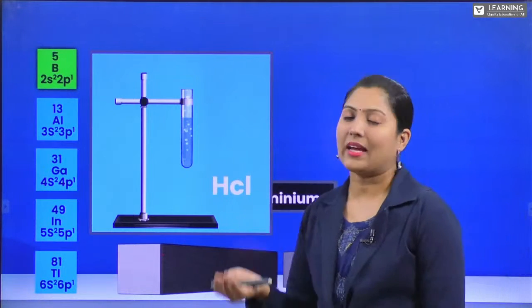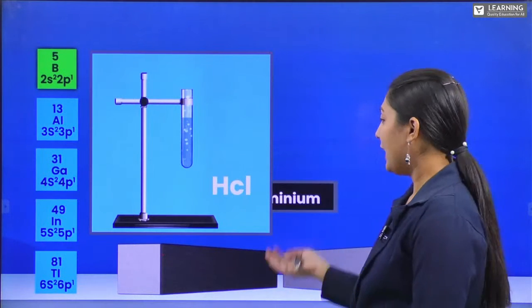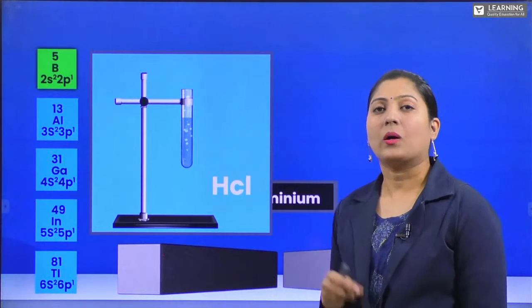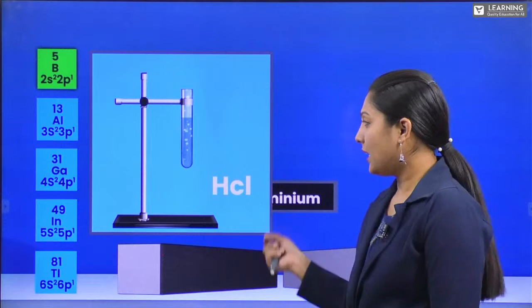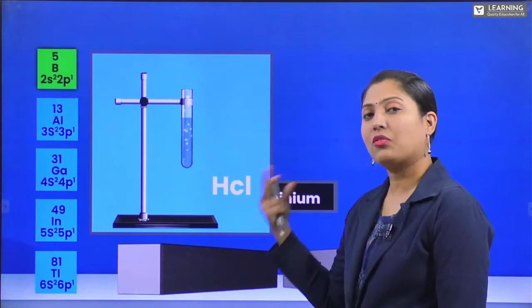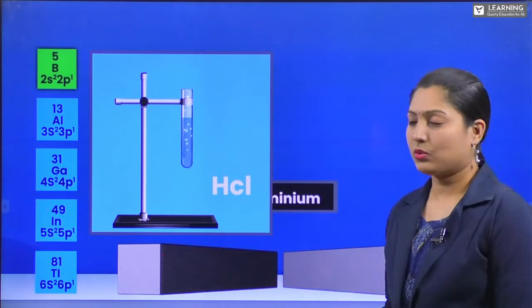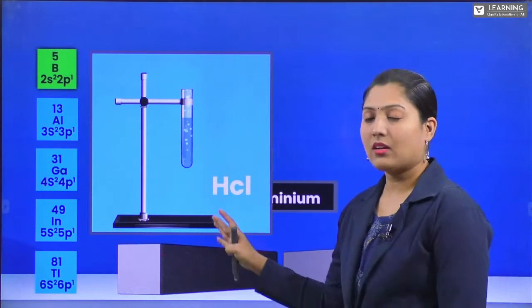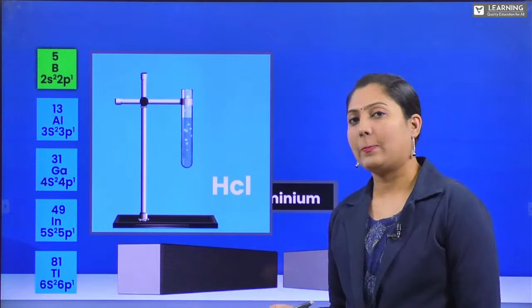Boron will not react with atmospheric air. And when aluminium is added to a mineral acid or base, it reacts readily and releases hydrogen gas, whereas boron will not react with mineral acid or base.